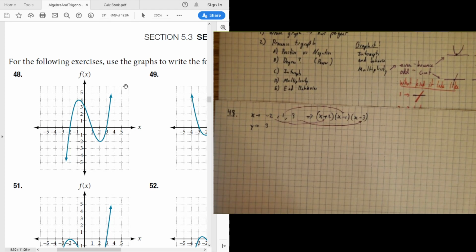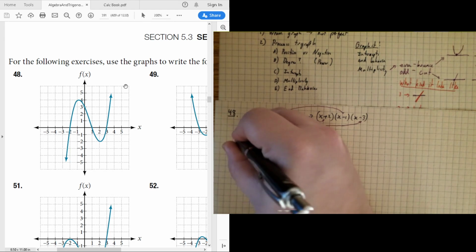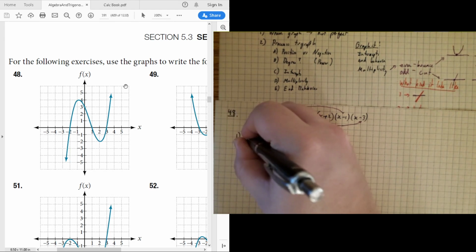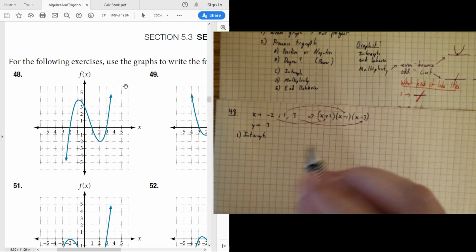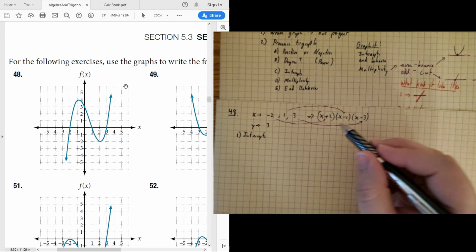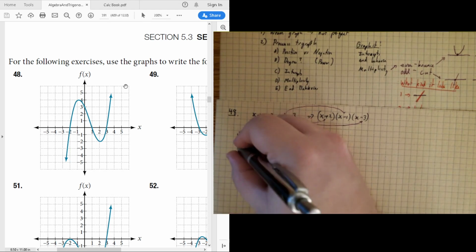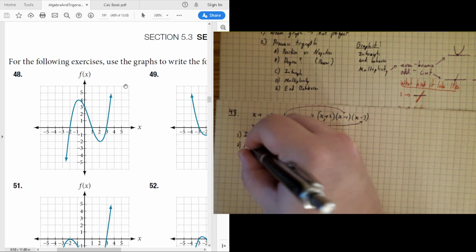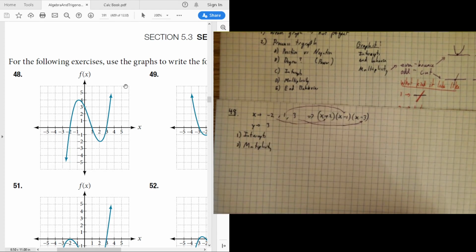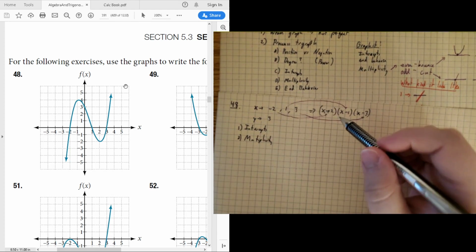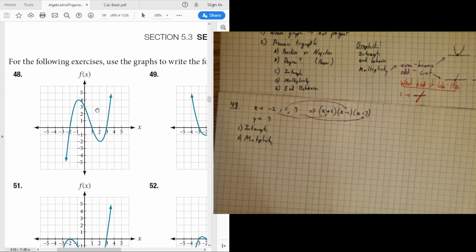Now, part 1, I want to go ahead and use the intercept, specifically the x-intercept, to get my first piece, which is all these little pieces. Next thing I want to do is multiplicity. How many of each of these pieces are there? Well, let's go through them one at a time.